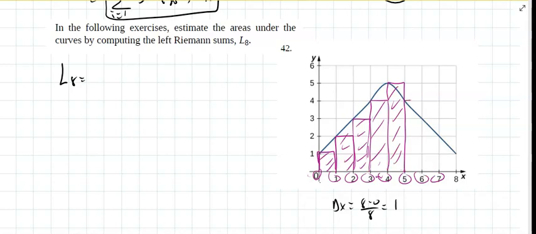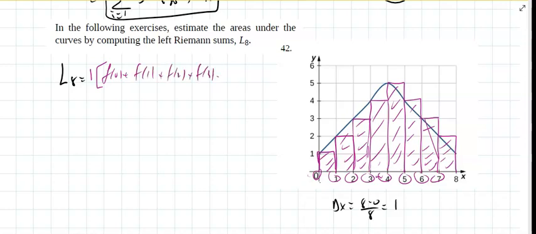And the left endpoint, and the left endpoint, and the left endpoint. So this is going to be delta x, which is 1, times f of 0, 1, 2, 3, 4, 5, 6, and 7. We don't get to 8.